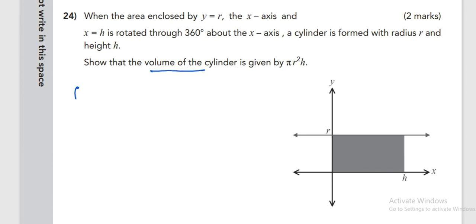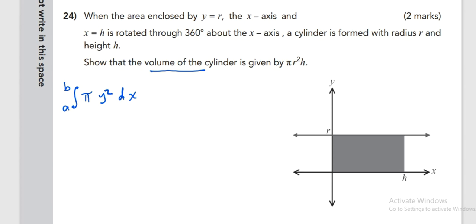We know that the rule of volume of revolution is integration from a to b pi y to the power of 2 dx. We just have to put values of a and b and the expression y in its place, or the function in its place, and integrate, then substitute to find the value as we did in the definite integral.